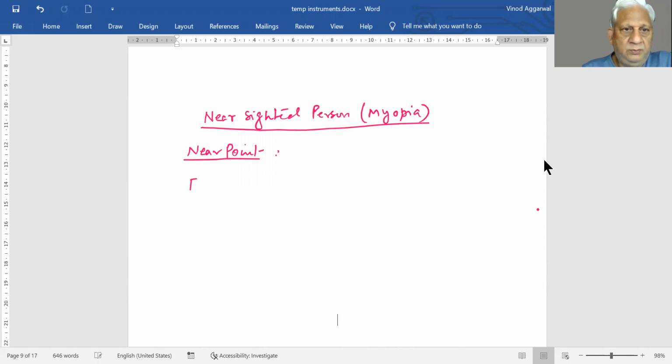Near point and far point, both are distances from the eye. And what is this distance near point?